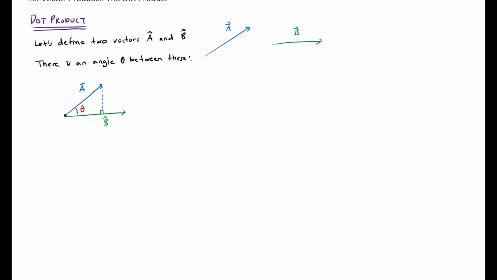So the next step is to look at the dot product A dotted with B and B dotted with A so that we can find some relationships between the two.